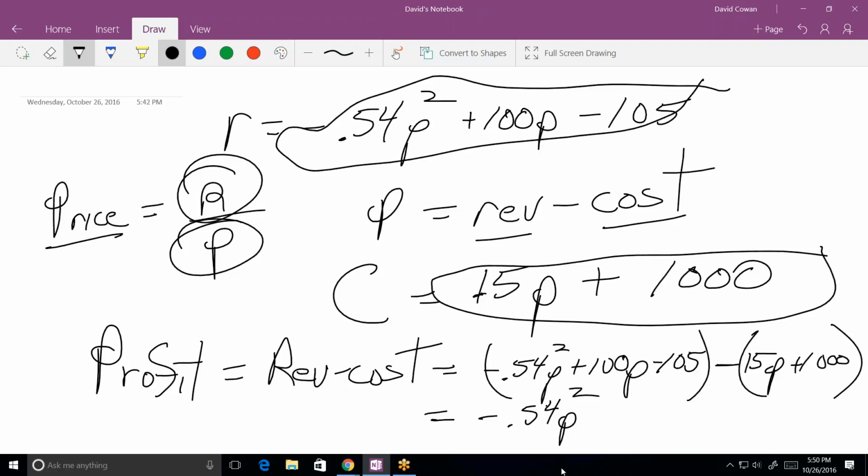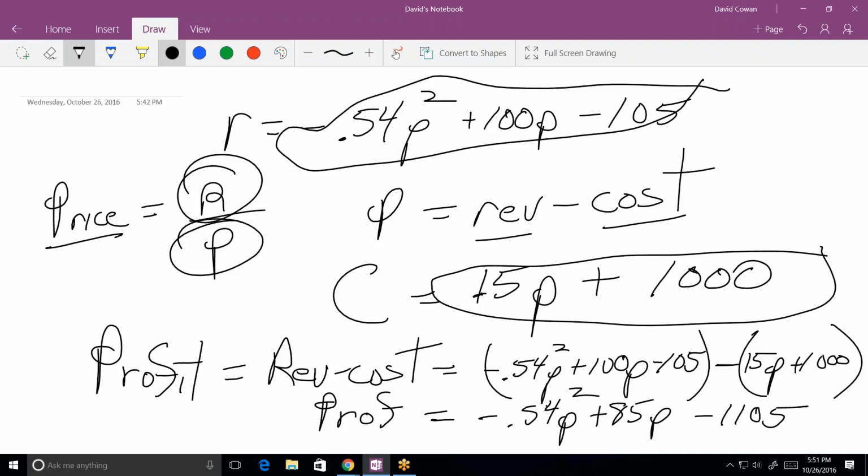After I do that, combine this 100p and that minus 15p, gives you 85p. And now combine the minus 105 with the minus 1,000, which is minus 1,105. So that's a different function. That's your profit.